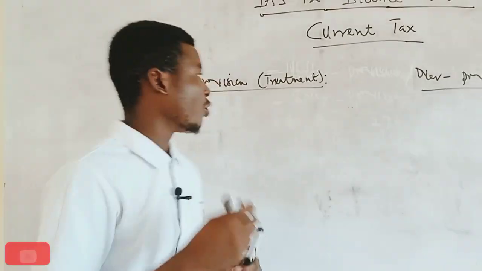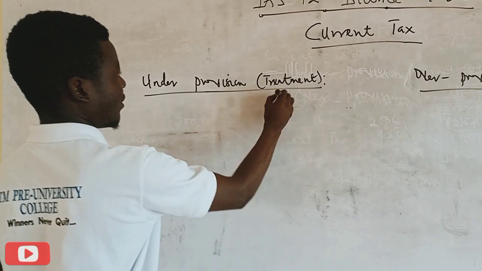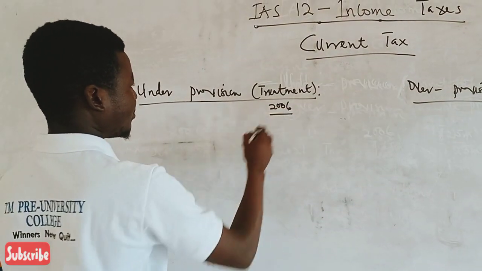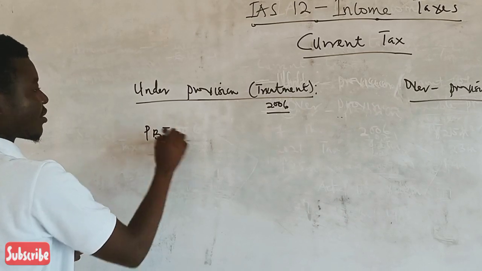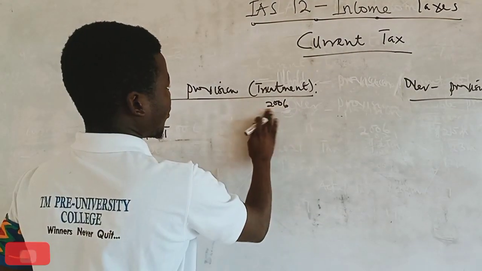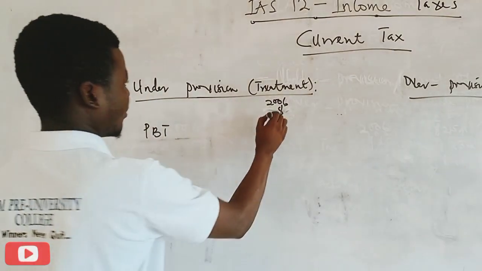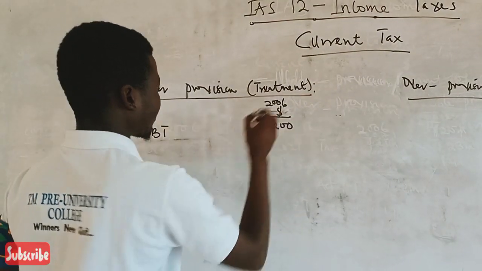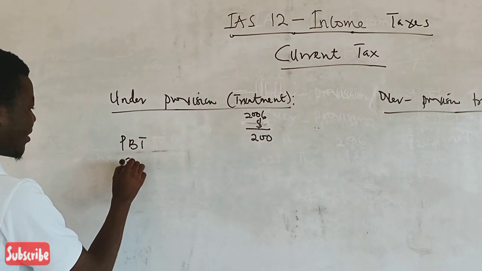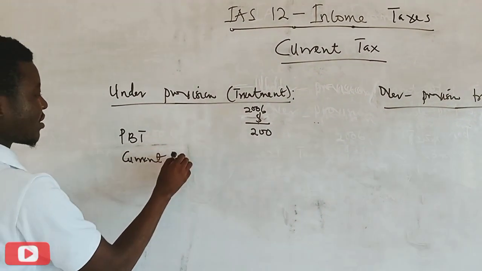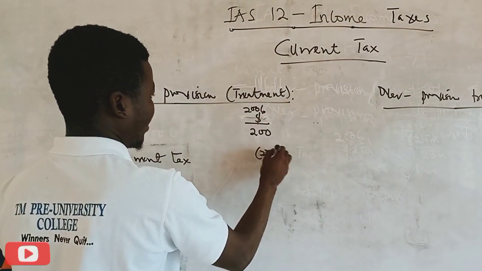So assuming that for the 2006 year, the entity's profit before tax, in dollars, was 200 million, but the current tax or the estimated tax was 25 million, which will be deducted from this.